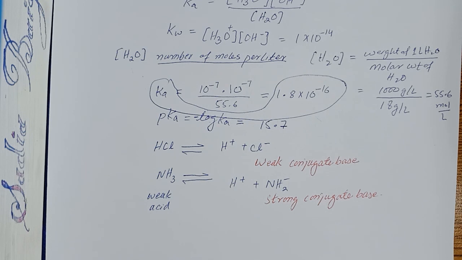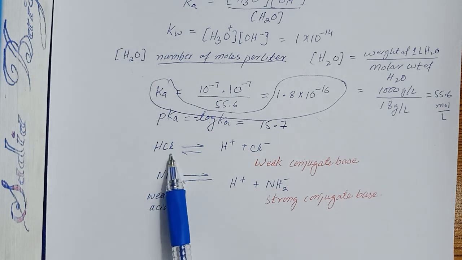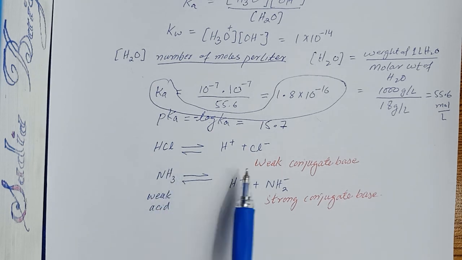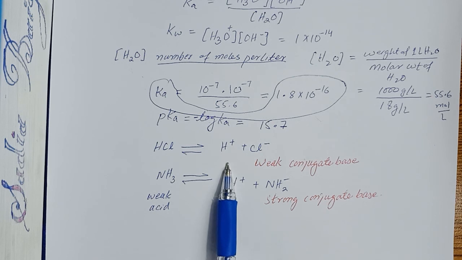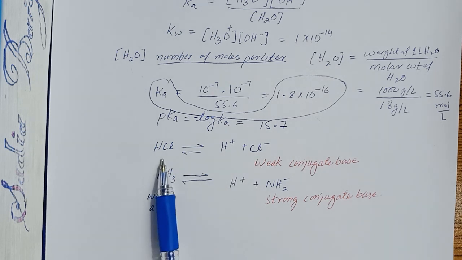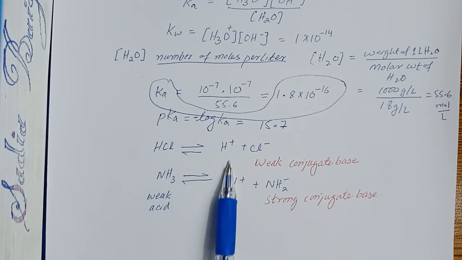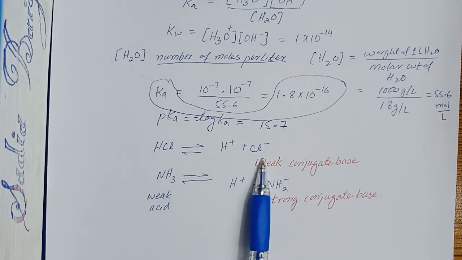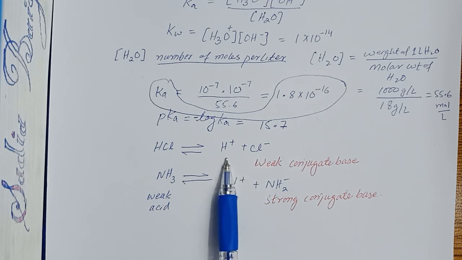This relationship exists because the stronger the Lowry-Bronsted acid, the more willing it is to give up the proton, thus forming a more stable conjugate base that does not want to change to the acidic form by accepting the proton. So the more stable conjugate base is less willing to accept a proton.